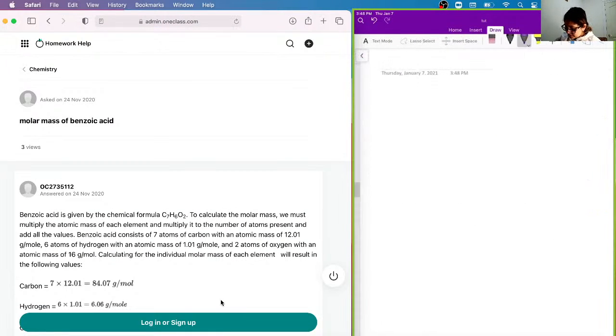Okay, now our next question says to find the molar mass of benzoic acid. To do this, we would first have to know the formula for benzoic acid.